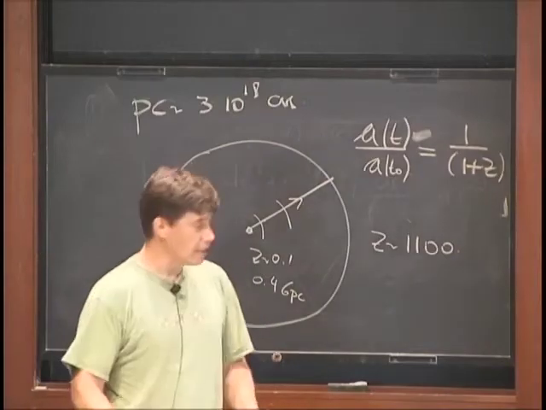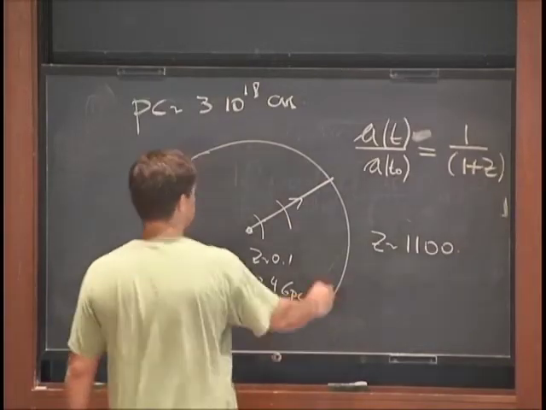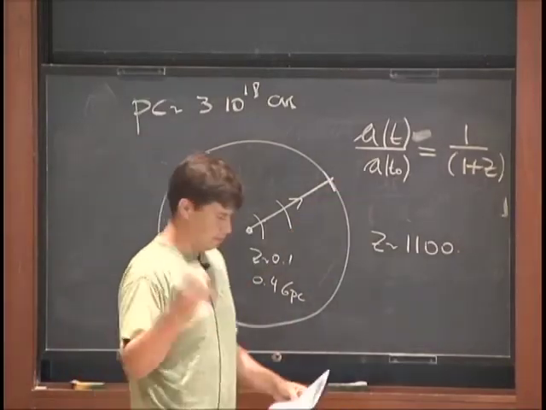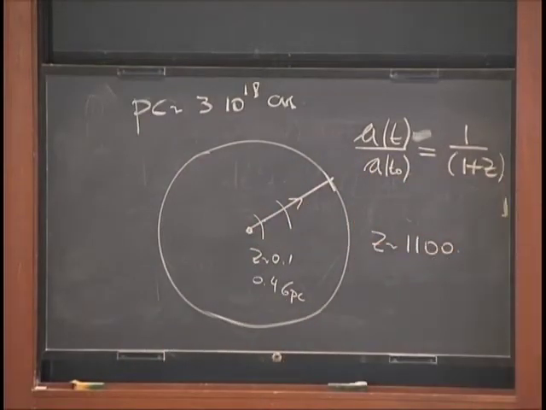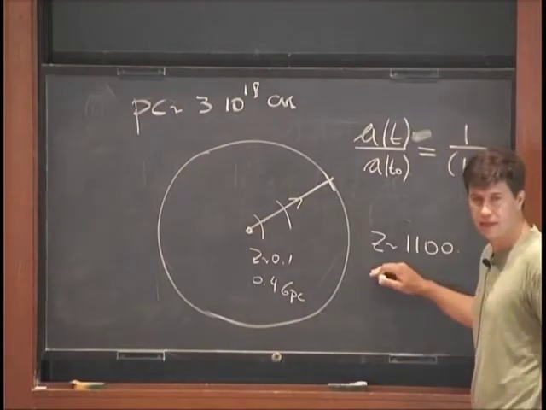But by the time you get to redshift of 1100, the CMB, you've gone most of your way out. It's already 13.9 gigaparsecs. These are numbers just for the standard cosmology of WMAP. And redshift of 1100 corresponds to 380,000 years after the Big Bang.